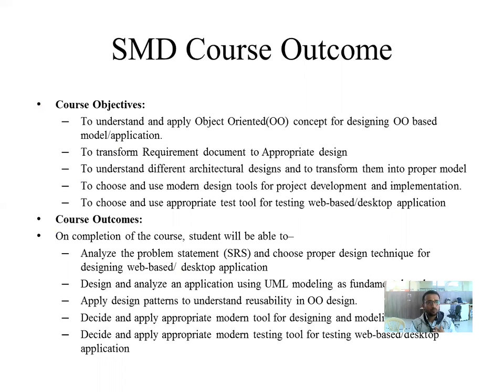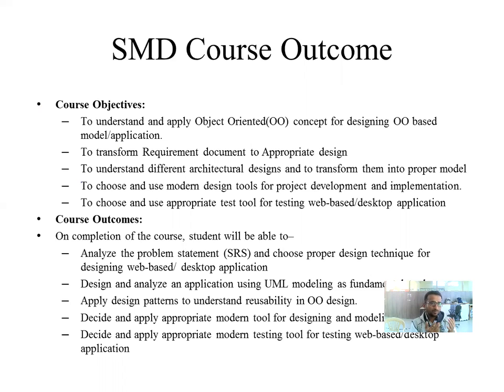After learning this subject, there are some skill sets that are going to be developed in students, right? So what kind of skill sets are going to be developed in the students? These are nothing but your course outcomes.